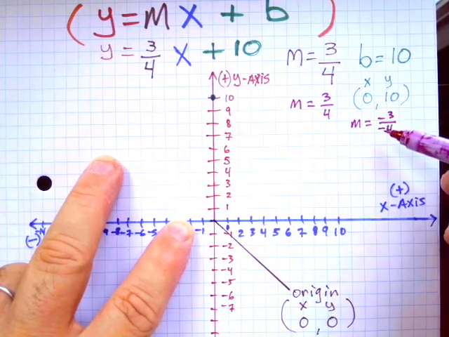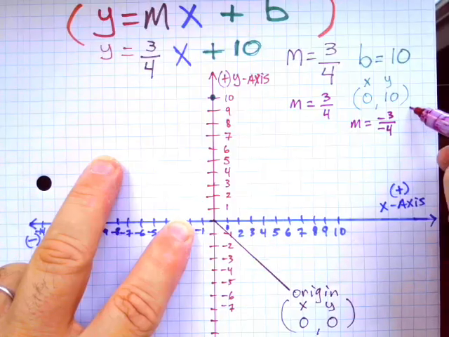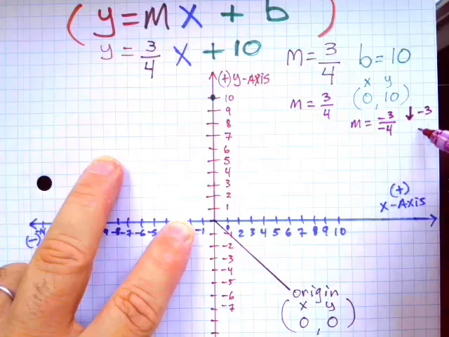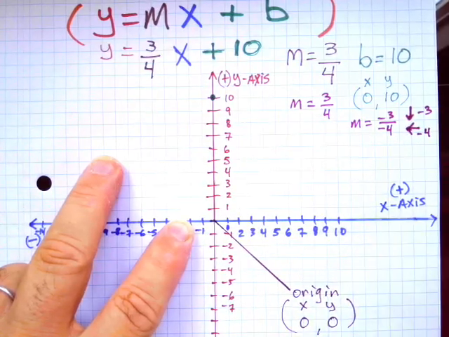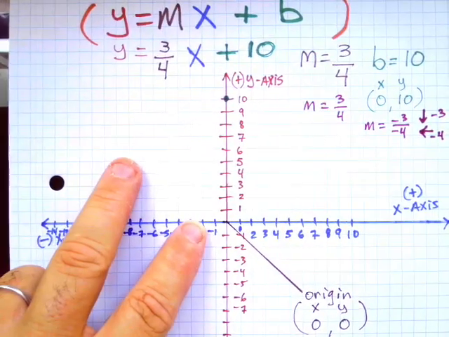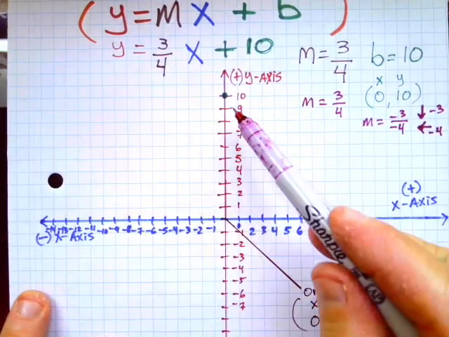Why? Because a negative divided by a negative is a positive. So what does that mean? That means I can go down negative 3 and I can go over negative 4.